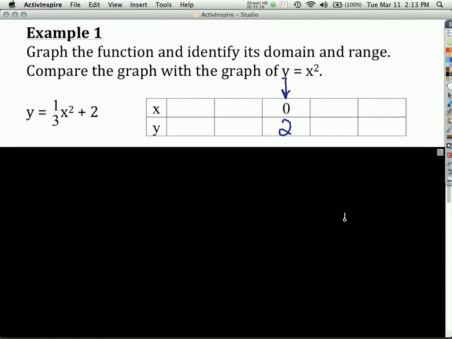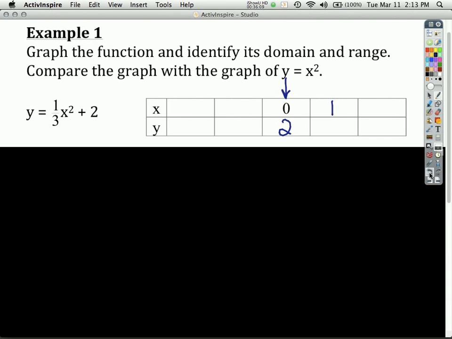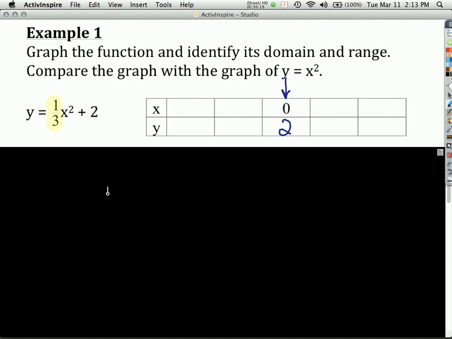Now, when we did linear equations, usually what I told you to do was just use 0, 1, and 2. And we can do that. However, we need to think about some things. When there is a fraction in the function, that will make our numbers come out very ugly, very unfriendly.